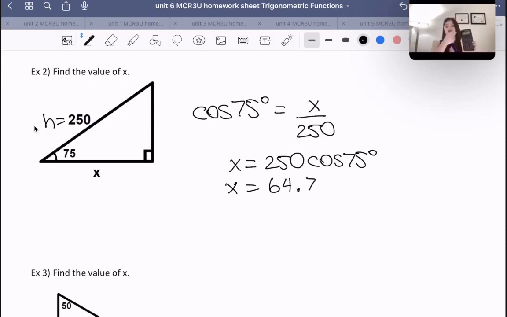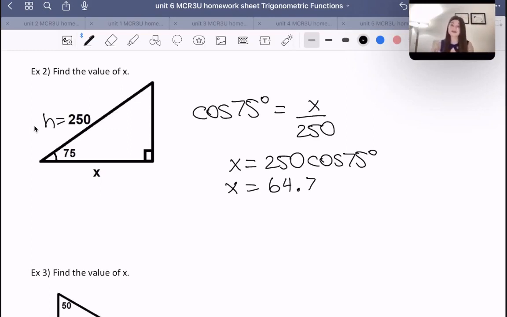It actually is a full calculator full of numbers, but I'm just going to round to 1 decimal place in this situation, or you could even round to 65 if you wanted, because their numbers were rounded to, we're free of decimals, but I am going to round to 1 here in this case. Or even if we were rounding to 2, it actually would be 70 would be what we'd round to, so that works that way as well. So the value of x is 64.7.